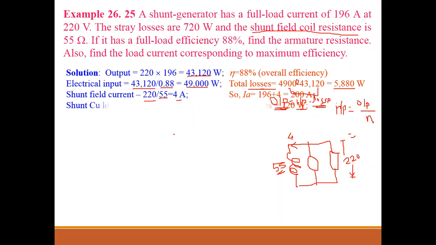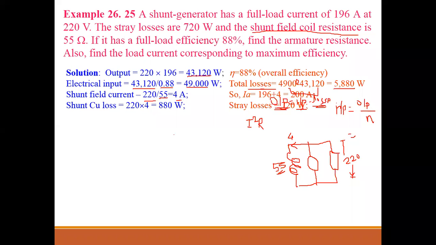Okay, then now we know how to calculate copper losses. Copper losses is nothing but I square R. Now to find the shunt copper losses, I am asking only about the copper losses occurring at the shunt field coil.